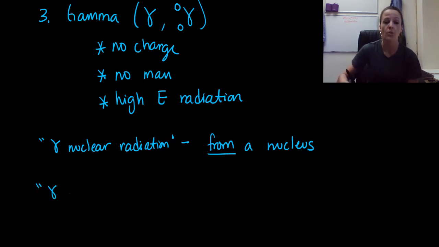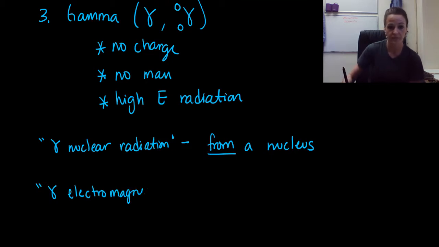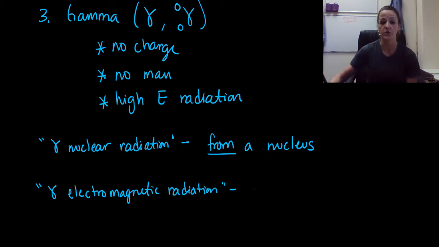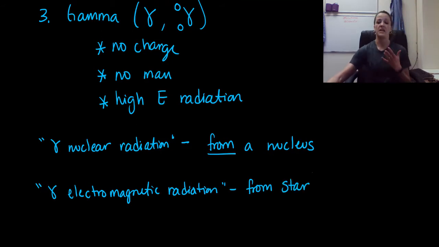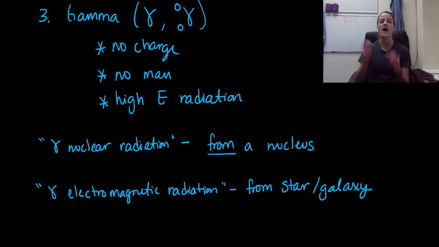Alternatively, we could say gamma electromagnetic radiation. This is not from a nucleus. This has been emitted from a star or maybe a galaxy, from outer space. Gamma nuclear radiation can definitely happen here on this planet, but gamma electromagnetic radiation has to come from an outside source, so a star or a galaxy.